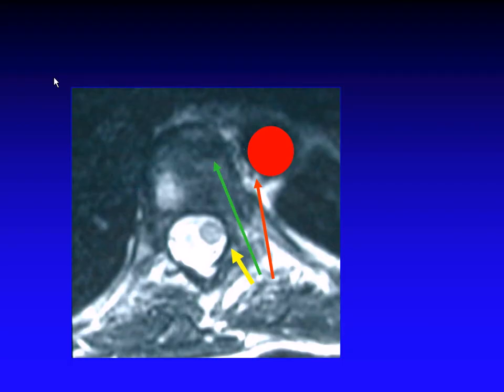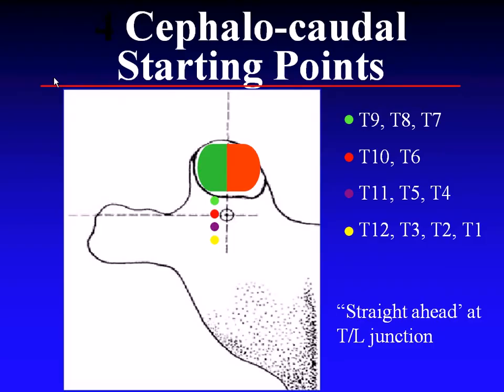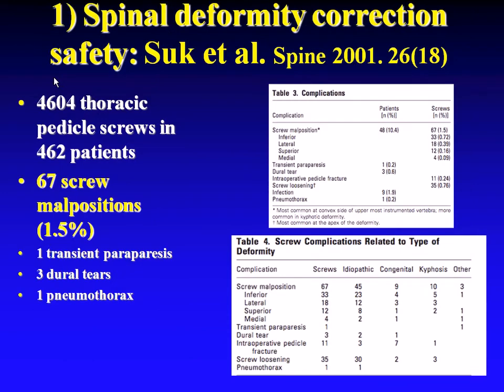And the structures that are at risk, everyone knows, in addition to the neural elements, we have the great vessels, the lung. We all know the different techniques of pedicle screw insertion, the different orientation based on the location of the spine. The starting points help you understand how to stay away from the canal.